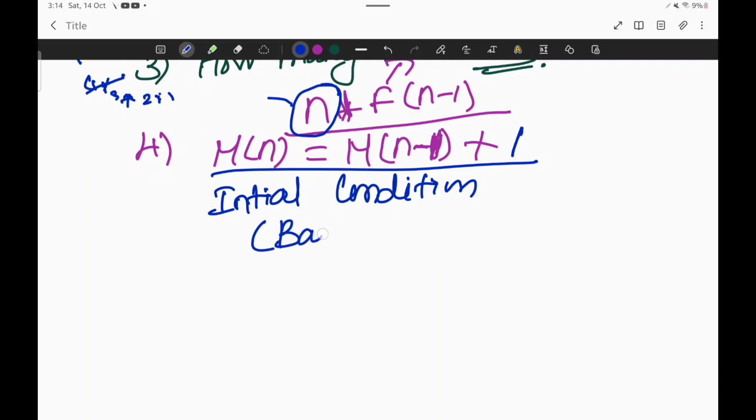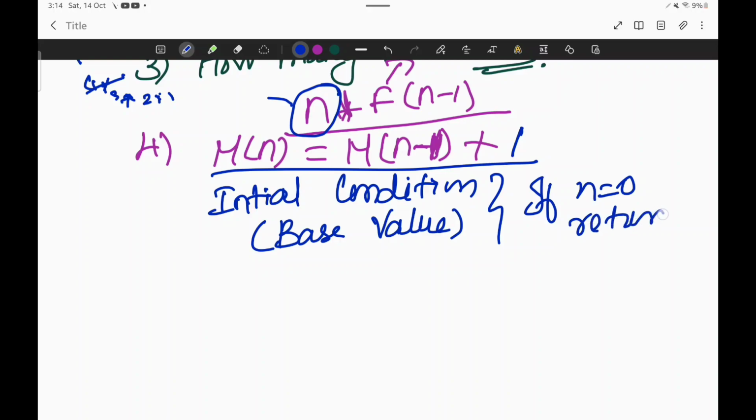So what is the initial condition? That is nothing but the base value, when it stops calling the function itself. When n is equal to 0, what will it do? It will return 1. That is the base, that is the initial condition. For the recurrence relation, we need to frame the initial condition also. So m of 0 is equal to 0.